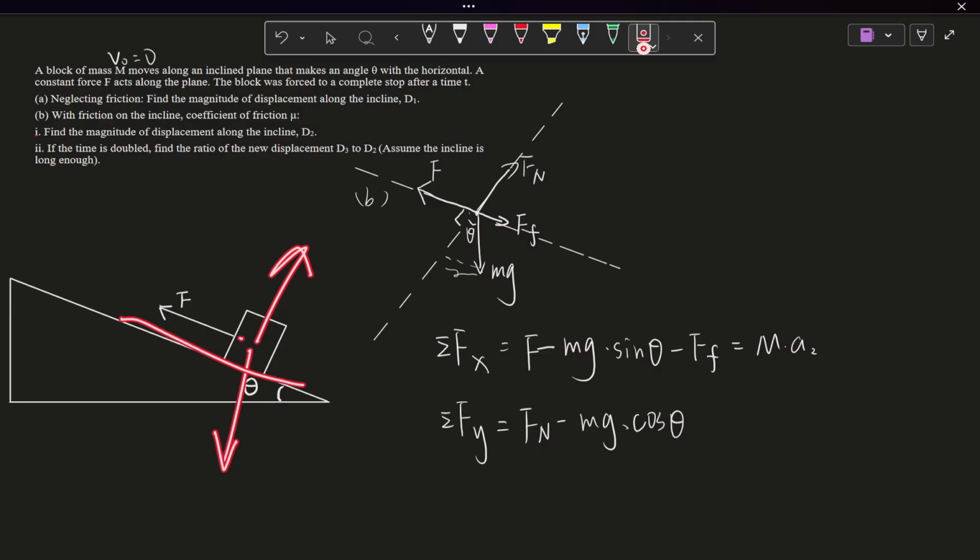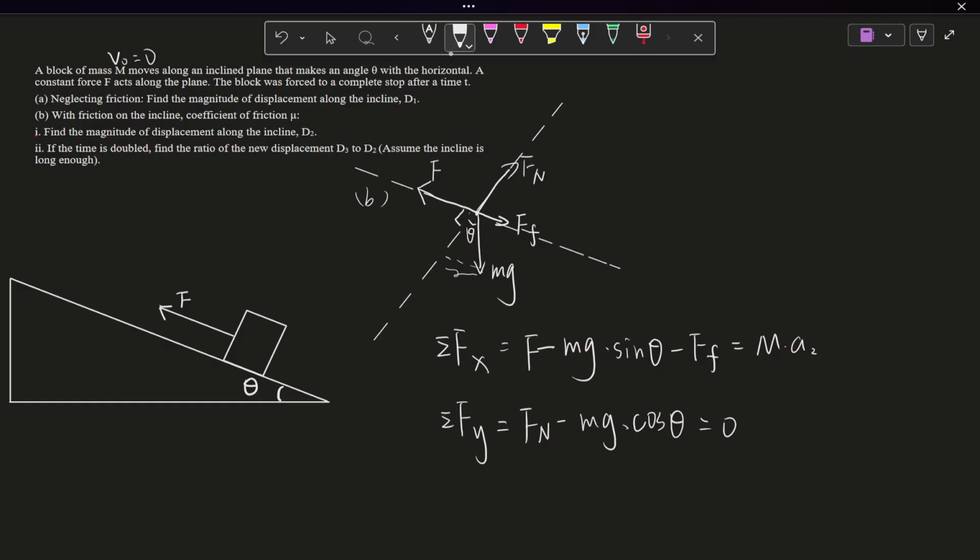No, it's not, because it is moving along the slope. Moving vertically upward means it no longer has contact with the slope. So I think you understand what I mean. So this is equal to 0.